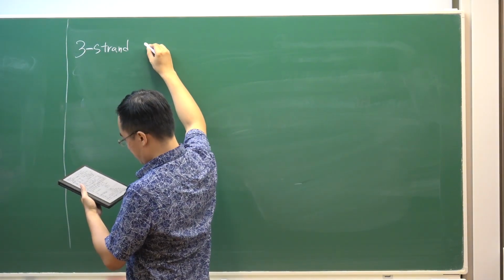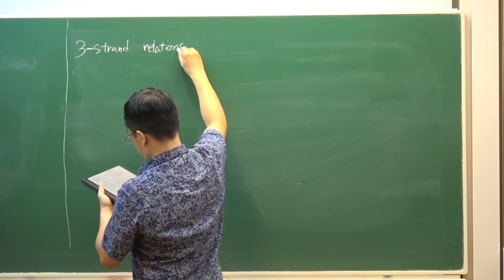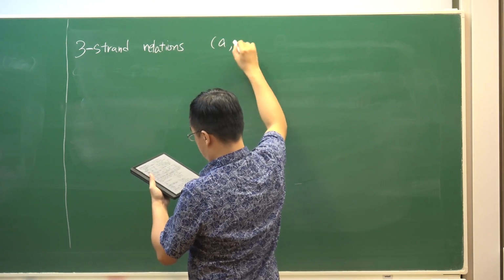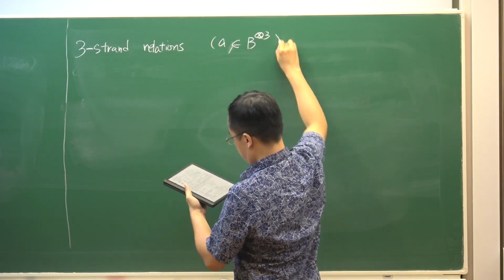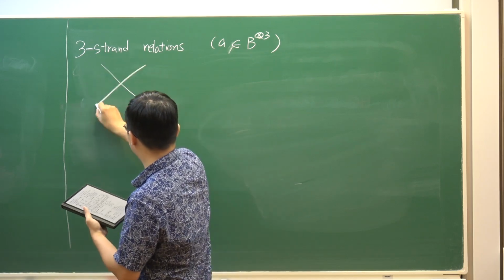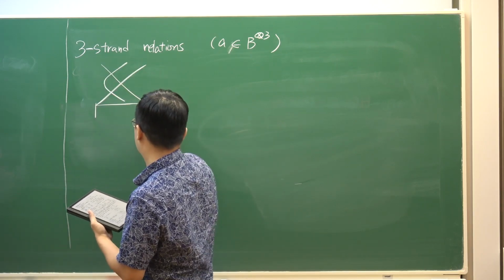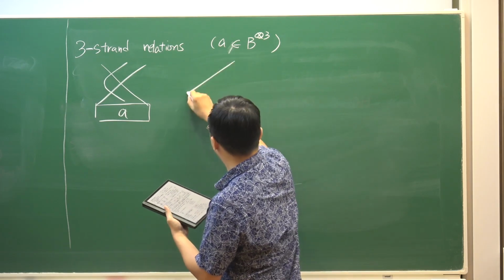Right, so there are also 3-strand relations. In general, you can pick a, say, in the 3-fold tensor and consider something like this. And then, let me draw this.